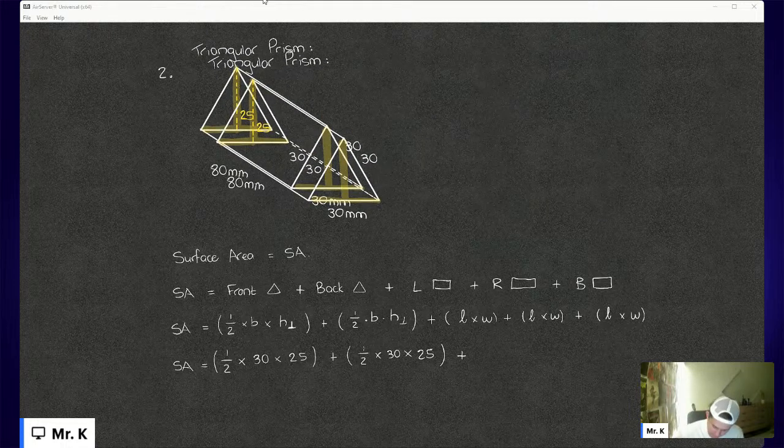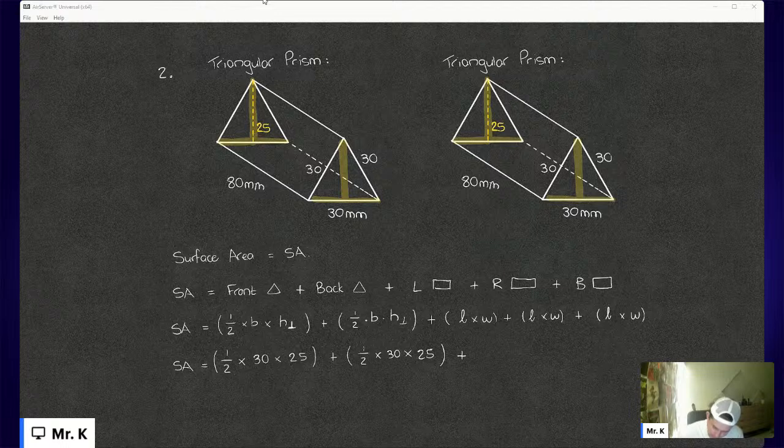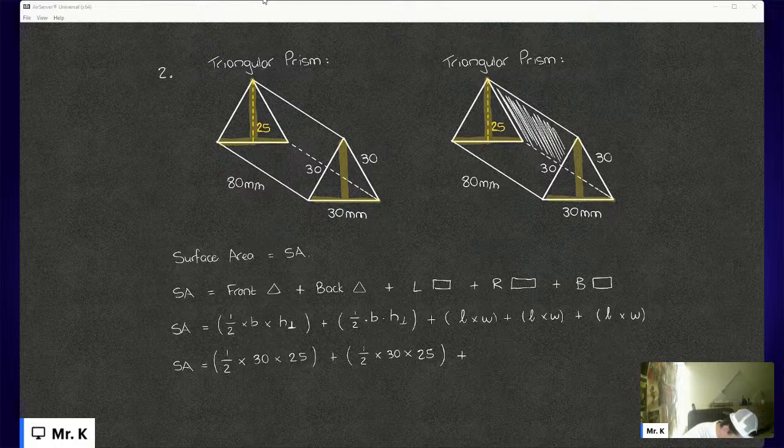Now, if I take a second and color in the right-hand rectangle, that would be this rectangle over here. The rectangle on this side, weirdly enough, is also going to be 30 millimeters wide.